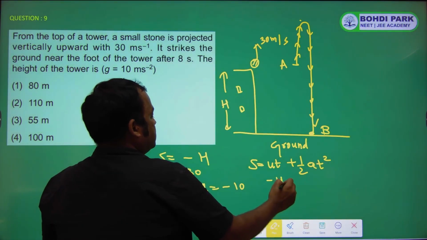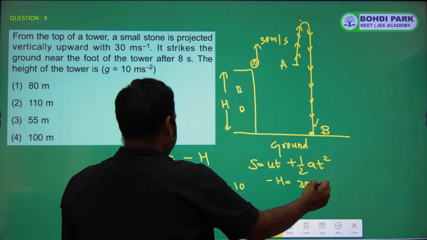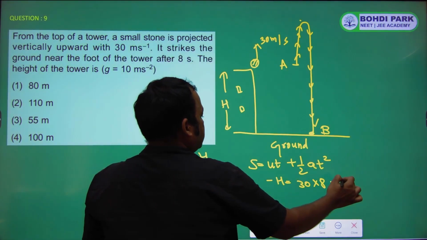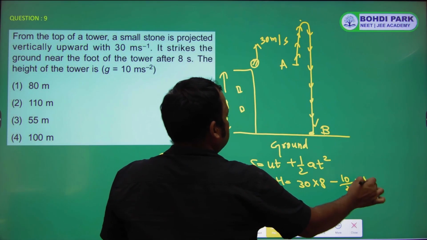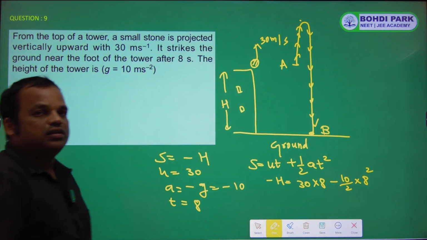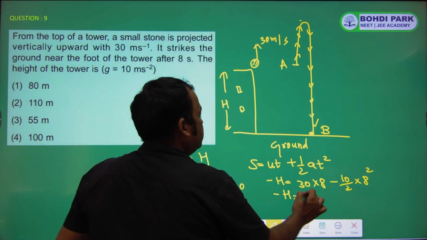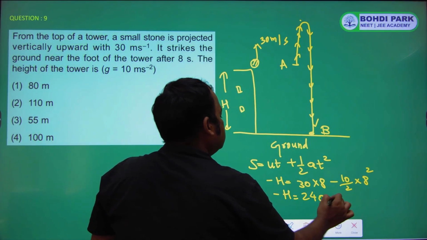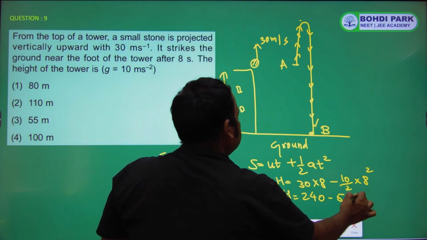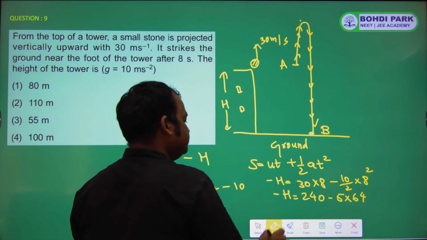So we get minus h is equal to 30 into 8 minus 10 by 2 into 8 square. So minus h is equal to 240 minus 5 into 64.